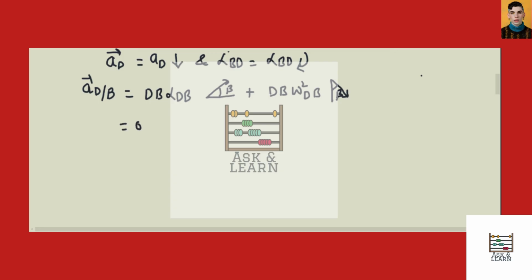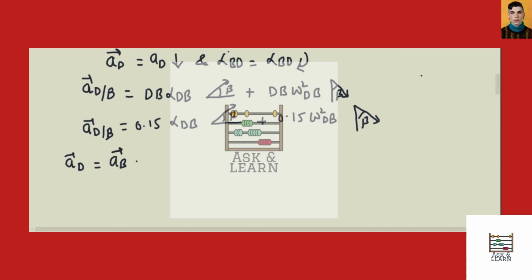Substitute the value. BD is 0.15 alpha BD. Direction is marked. BD is 0.15 omega square BD. This would be the direction. Now we can find acceleration of D point will be acceleration of B point plus acceleration of D with respect to B. Acceleration of D point is downward.